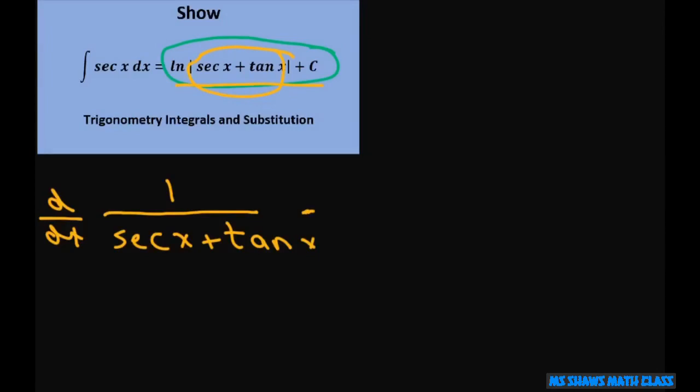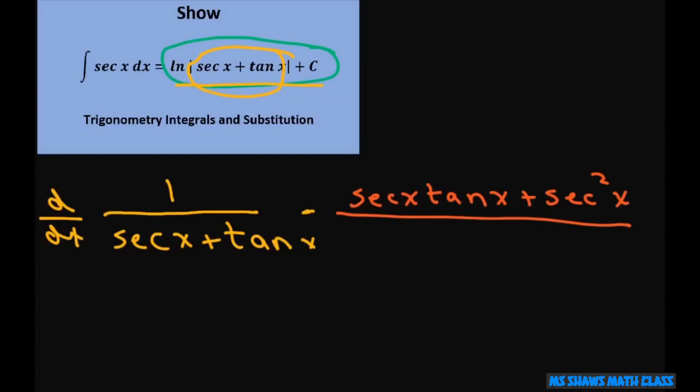So the derivative of secant x is just going to be secant x tan x, and the derivative of tan x is just secant squared of x. And then we have that all over our denominator, secant x plus tan x.